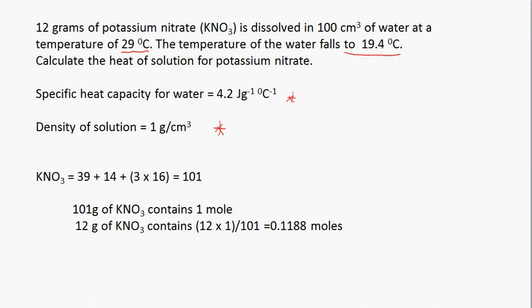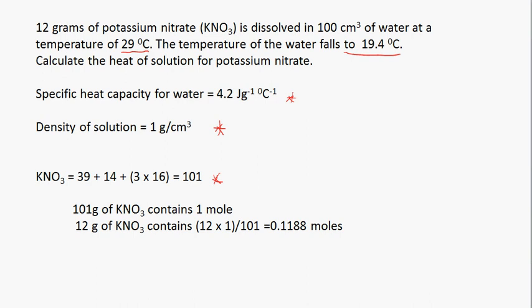So therefore KNO3, which is potassium nitrate, will be 39 plus 14 plus, in brackets, 3 multiplied by 16, and we will get 101. Alright, what this means is that 1 mole of potassium nitrate has a mass of 101 grams. So we write up our statements to determine the amount of moles of potassium nitrate we are dealing with. So 101 grams of potassium nitrate contains 1 mole.